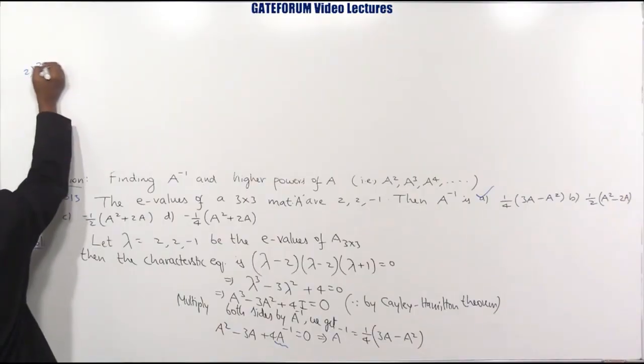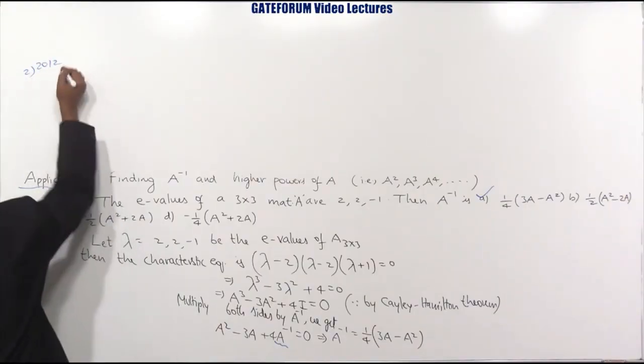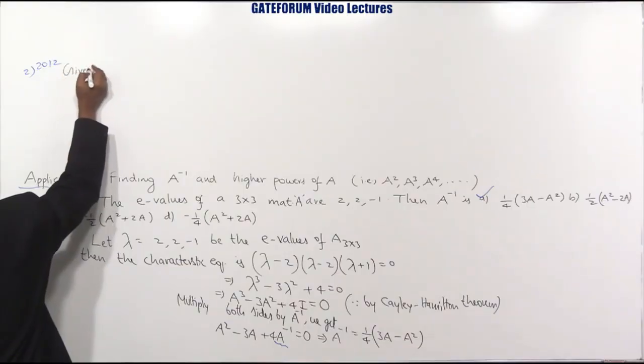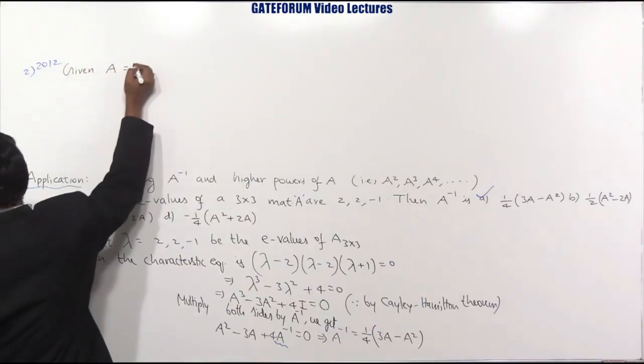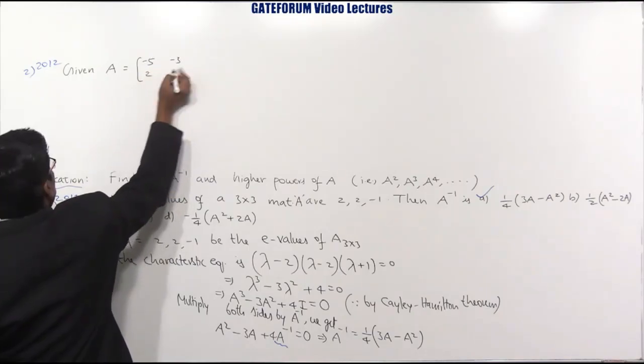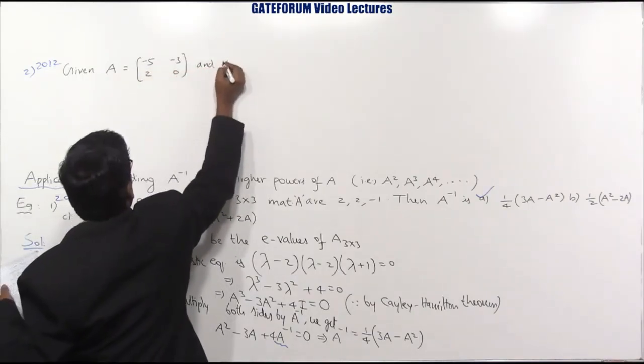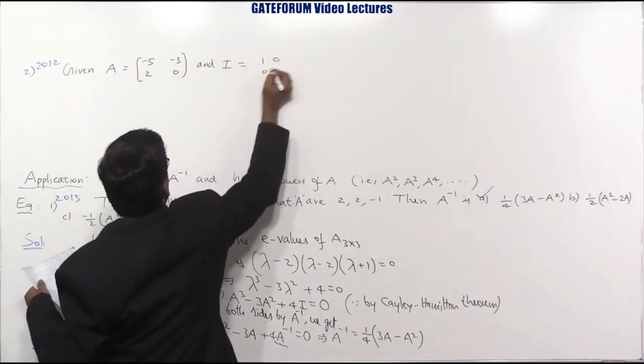The next question asked in 2012. Given A is equal to minus 5, minus 3, 2, 0, and I is equal to the identity matrix 1, 0, 0, 1.